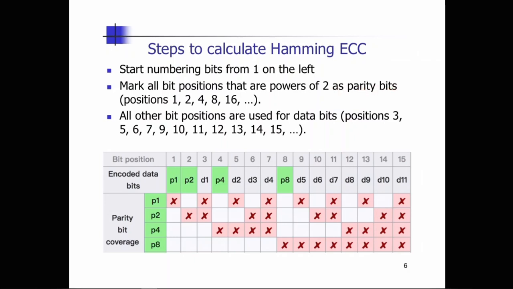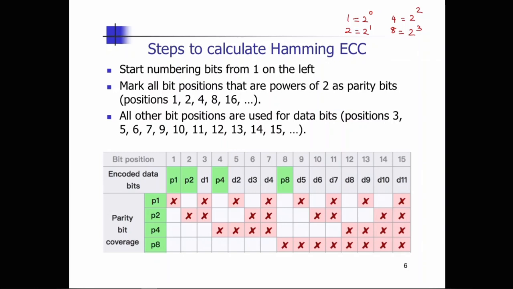So as you can see here, the parity 1 is, let's see, 1 is 2 raised to 0, 2 is 2 raised to 1, then I have 4, which is 2 raised to 2, 8, it is 2 raised to 3. So all the powers of 2, I don't need to go more than 8 because I don't have bit position 16 here.